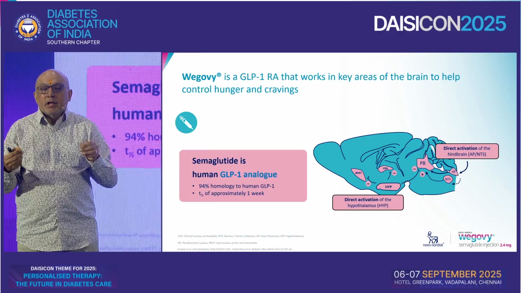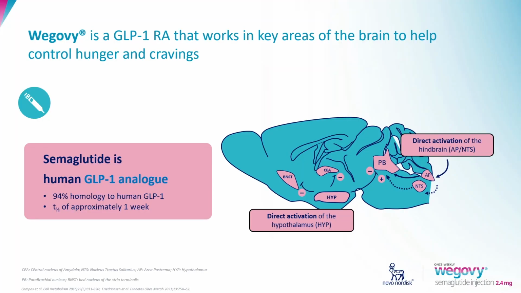So how do GLP-1RAs work? One is they reduce your actual amount of food. That's satiety. But more importantly, they remove that association between your craving and the reward sensation. Now, how do we know this happens? All our patients are telling you. But very interestingly, we know that these drugs reduce addictions.